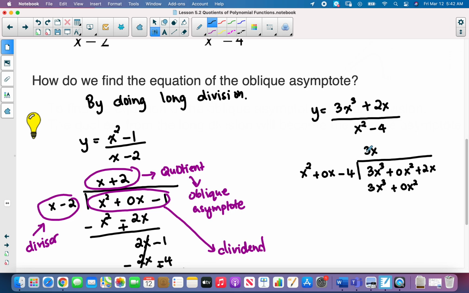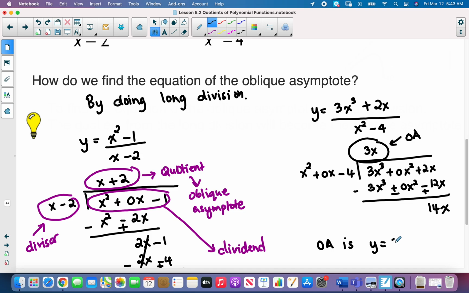And then this will multiply to give us negative 12x. Then we subtract, so this becomes minus, minus, plus, so we end up with 14x as the remainder. So the equation of the oblique asymptote is y equals 3x for this rational function.